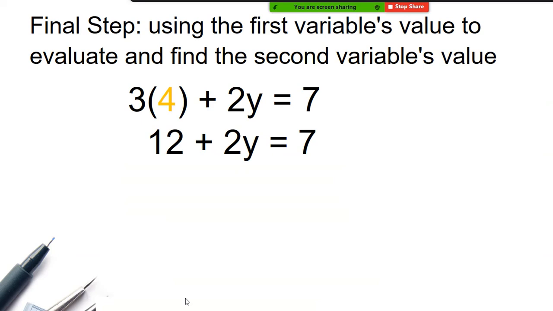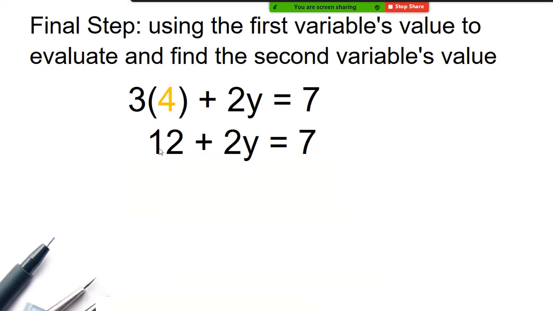And so what we're going to do is we are going to solve the remainder of this equation for the variable y. So I say, well, I need to use opposite operations to get the variable isolated. I'm going to start with this extra 12 that I have on the left here. And I have to ask myself, what's the opposite of add?